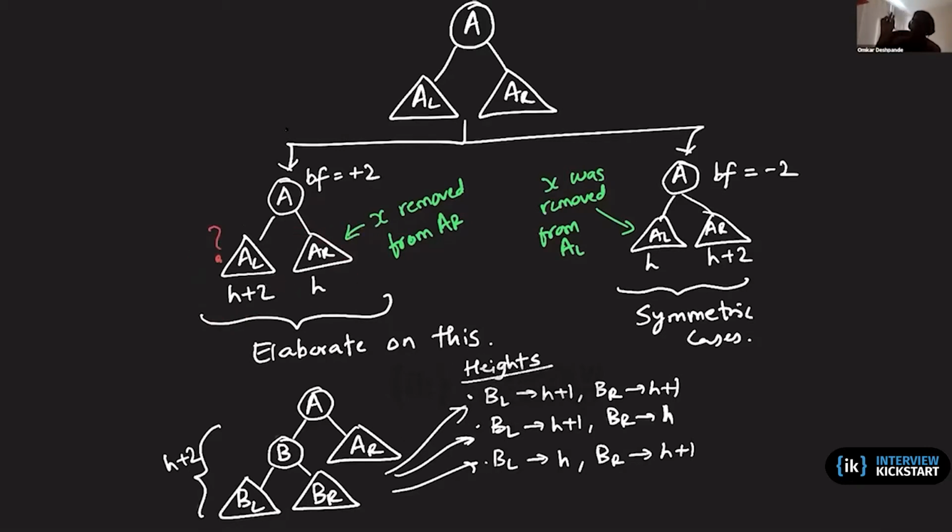When we were inserting X, we were focused on the structure of the subtree into which X was inserted. Here, X was removed, it's gone. So we are now looking at the structure of the other subtree. And we are saying it could have one of these three substructures, because that's where things have to come from. Things have to move from the left side to the right side here so that balance is reachieved.